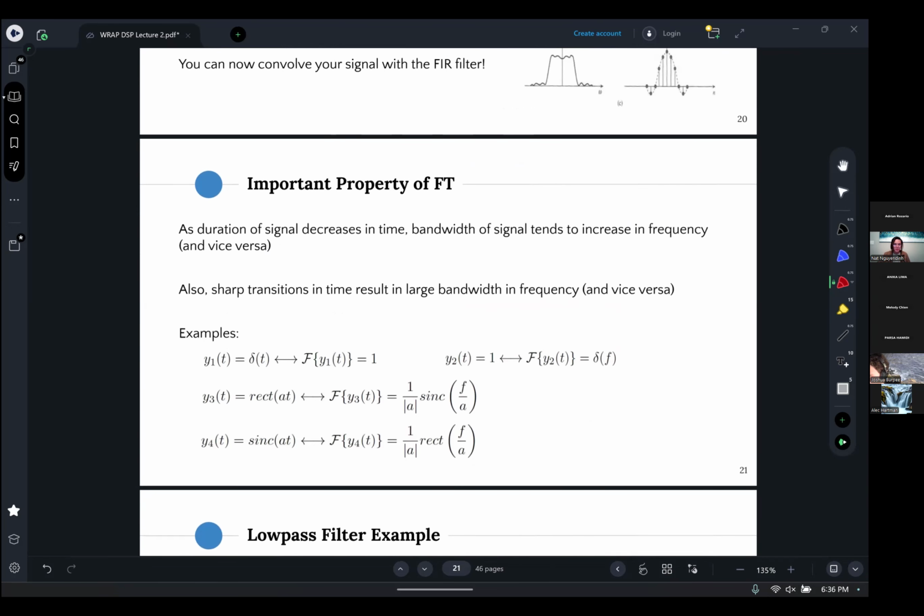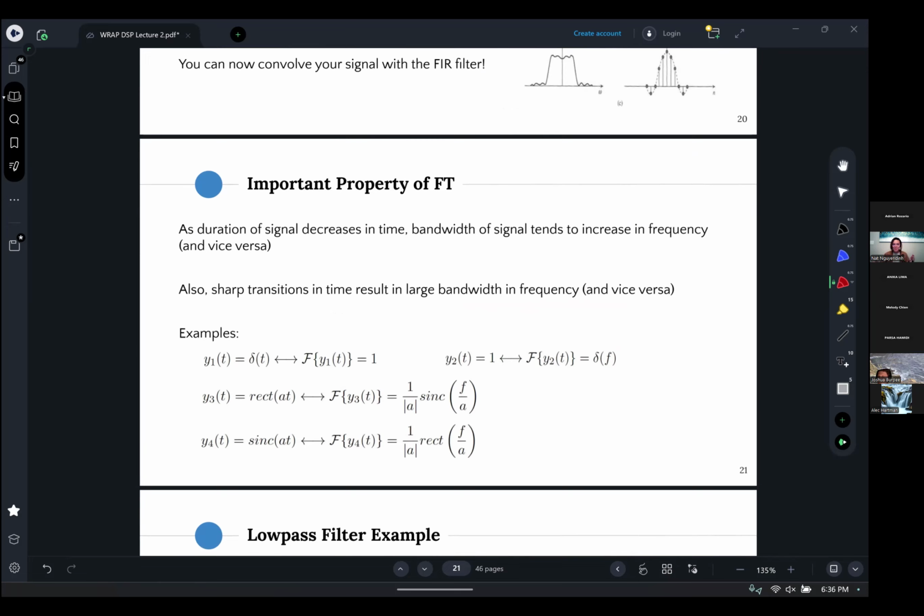And I want to bring up an important property of the Fourier transform, which is that the shorter your signal is in the time domain, the more bandwidth it has in the frequency domain. And also that sharp transitions in the time domain result in larger bandwidth in the frequency domain.